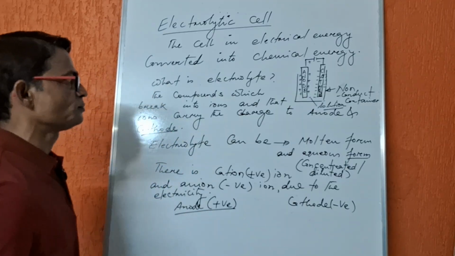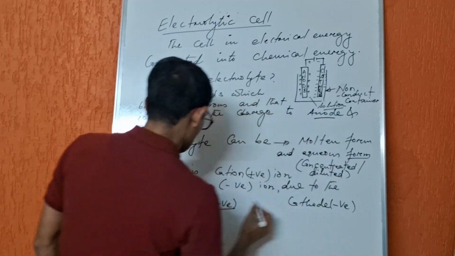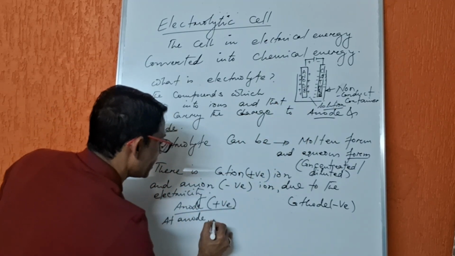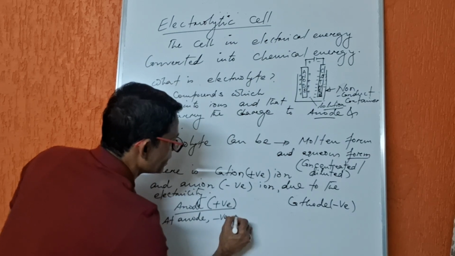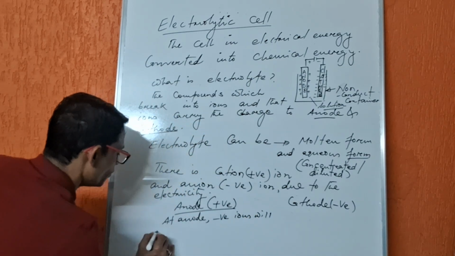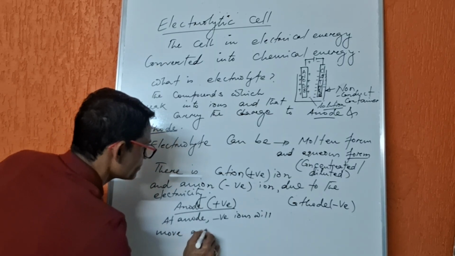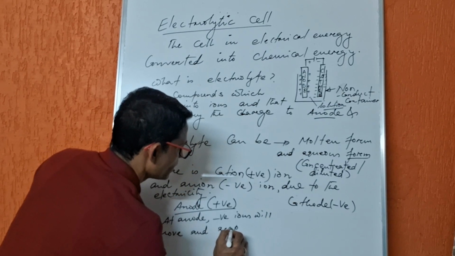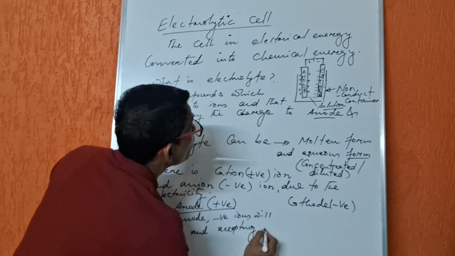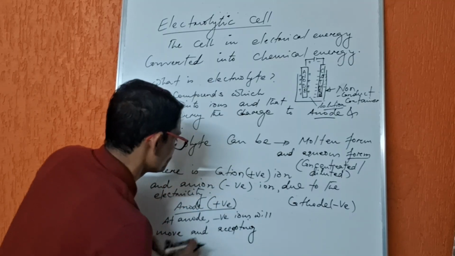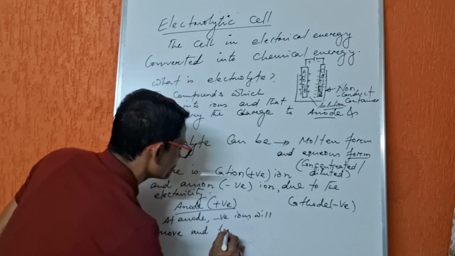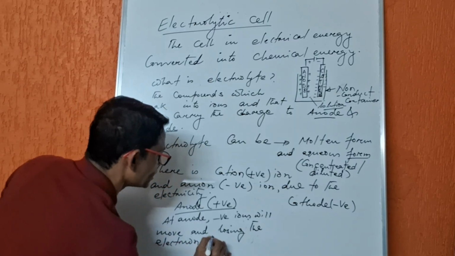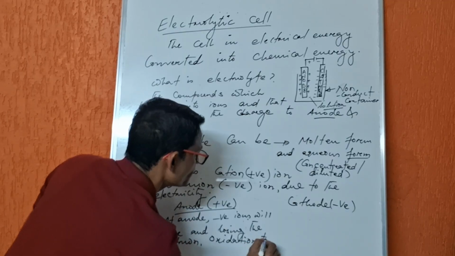So at anode the negative ions will move, losing the electron, oxidation takes place.